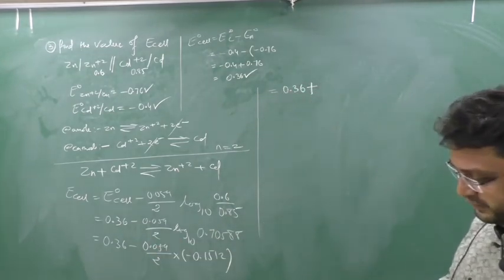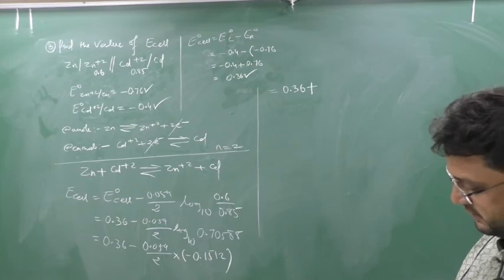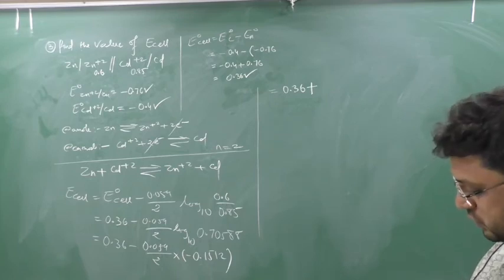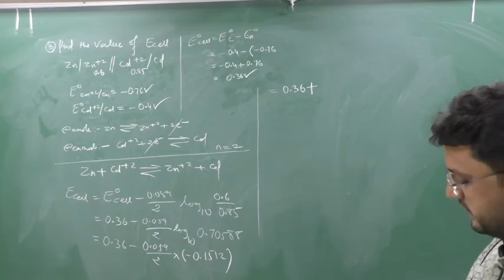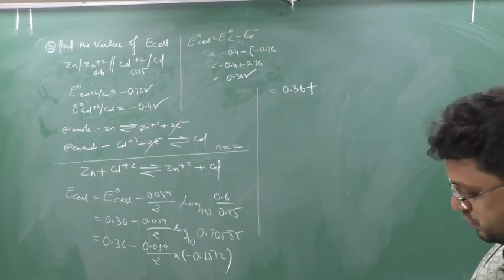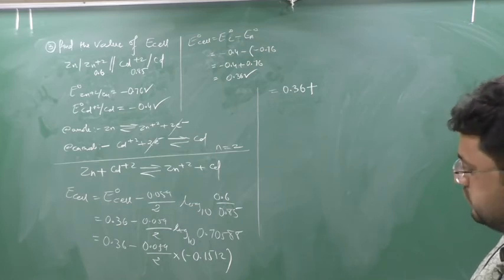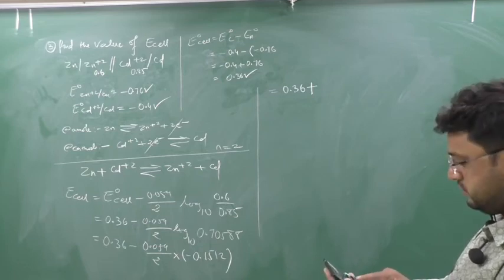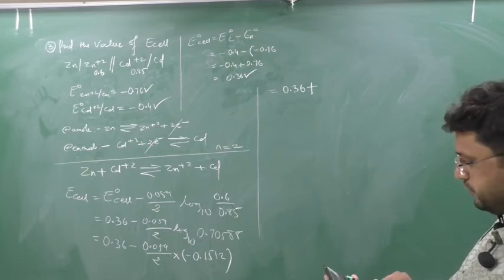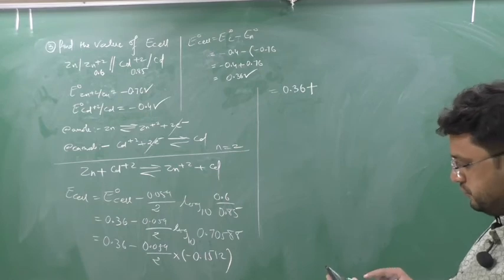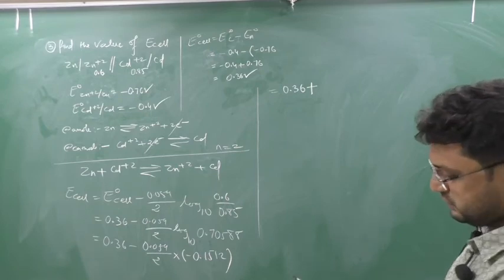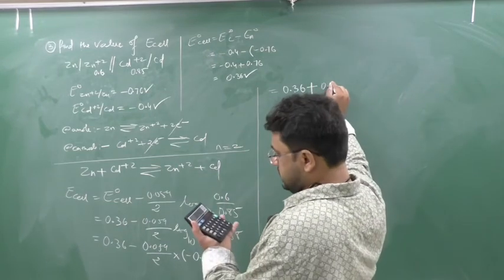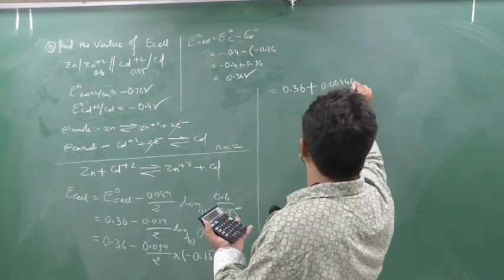So 0.059 into 0.1512 by 2. Sorry, 0.059 into 0.1512 by 2, 0.0044604.